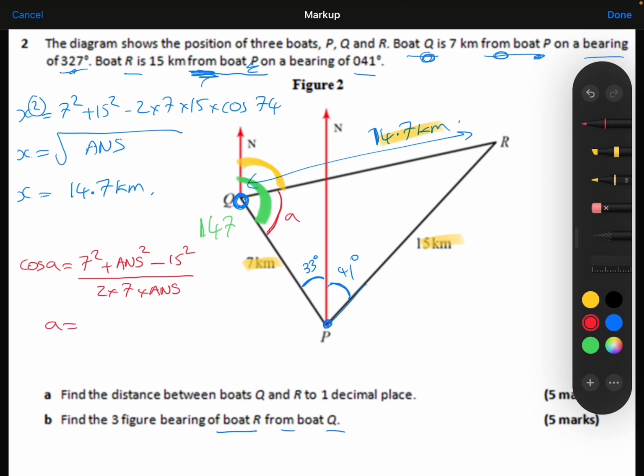If I now do cos inverse of that, then I find that I get 78.7. Let me just check that. Yep, 78.77.